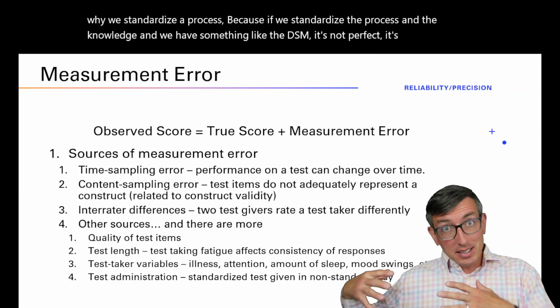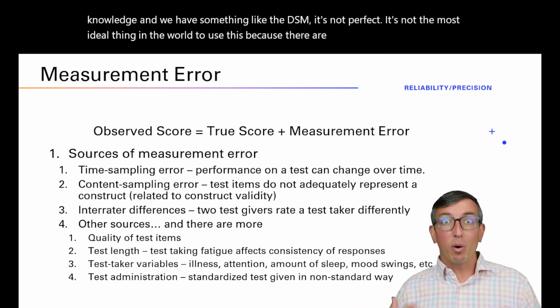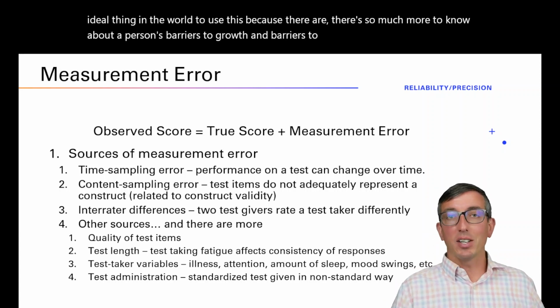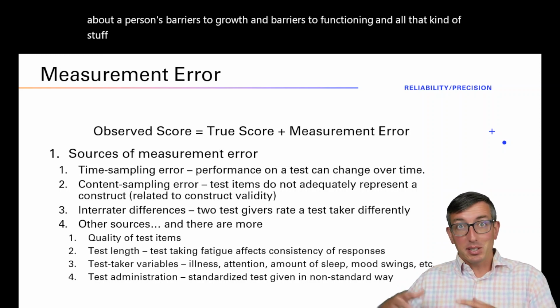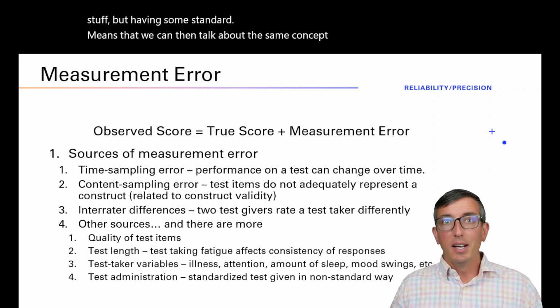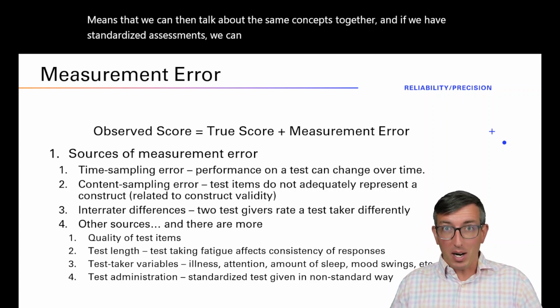It's not the most ideal thing in the world to use this because there's so much more to know about a person's barriers to growth and barriers to functioning and all that kind of stuff. But having some standard means that we can then talk about the same concepts together. And if we have standardized assessments, we can follow the same process.